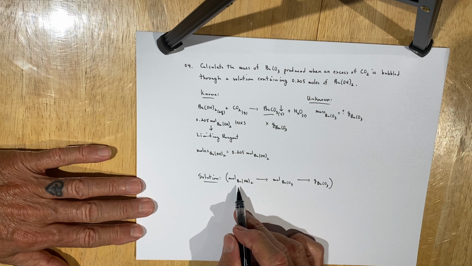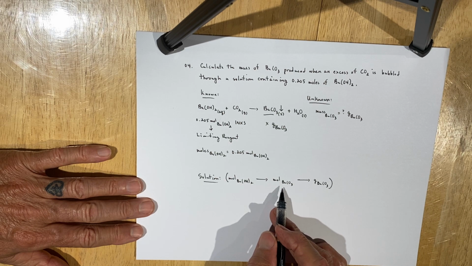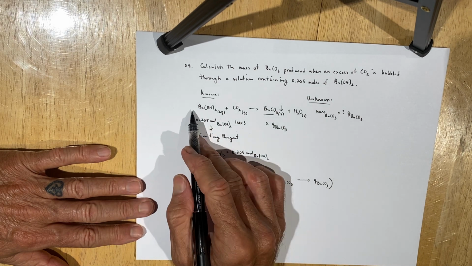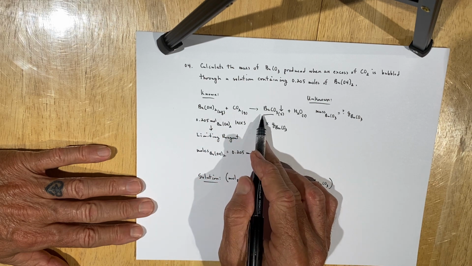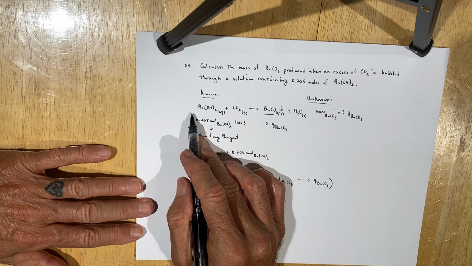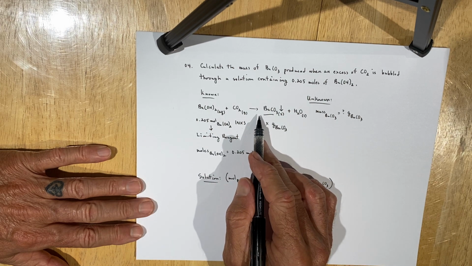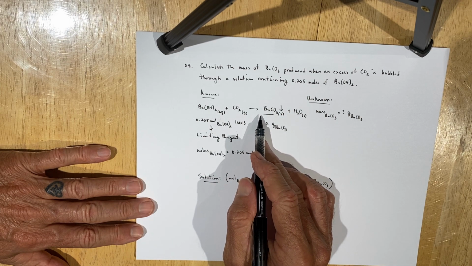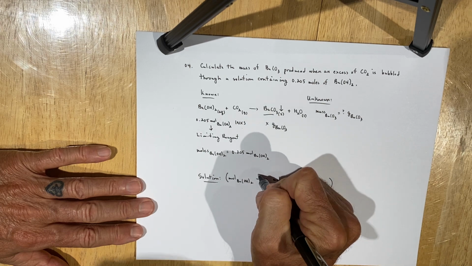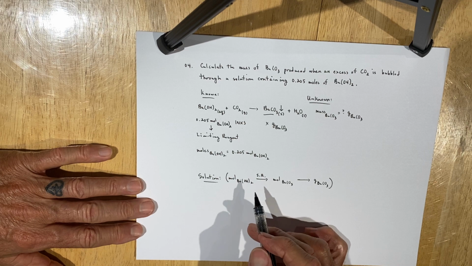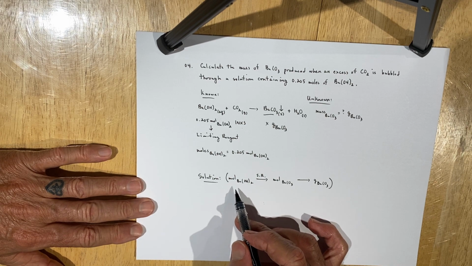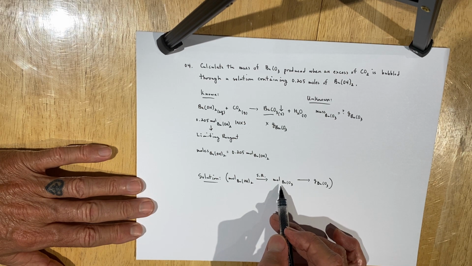To go from moles of barium hydroxide to moles of barium carbonate, you need to look at the stoichiometric ratio between barium hydroxide and barium carbonate, in that there's 1 mole of barium hydroxide consumed to produce 1 mole of barium carbonate. So we're going to use that stoichiometric ratio as a bridge between moles of reactant and moles of product.